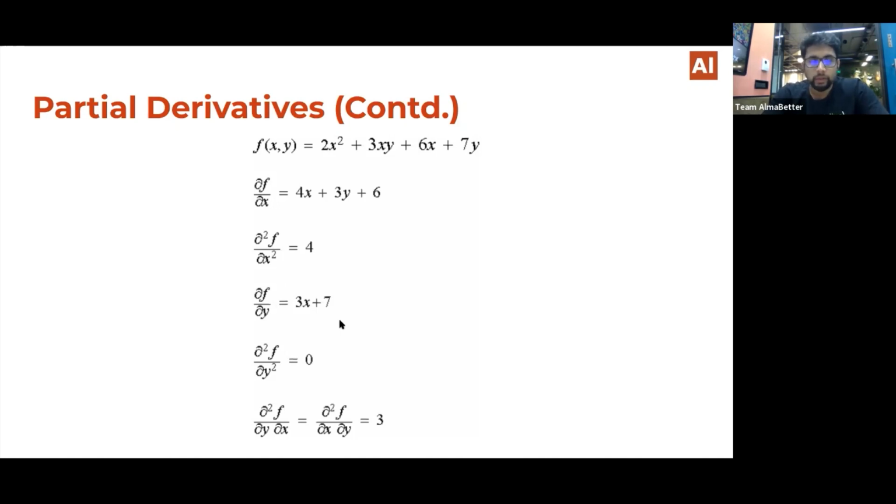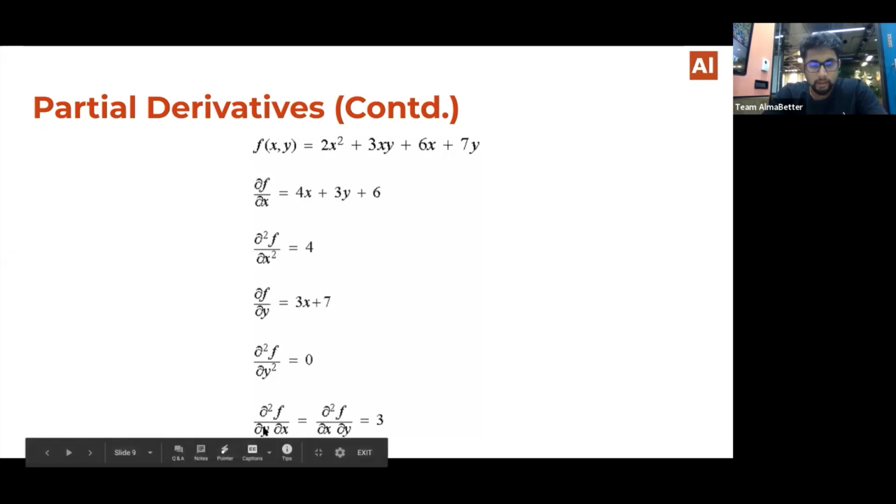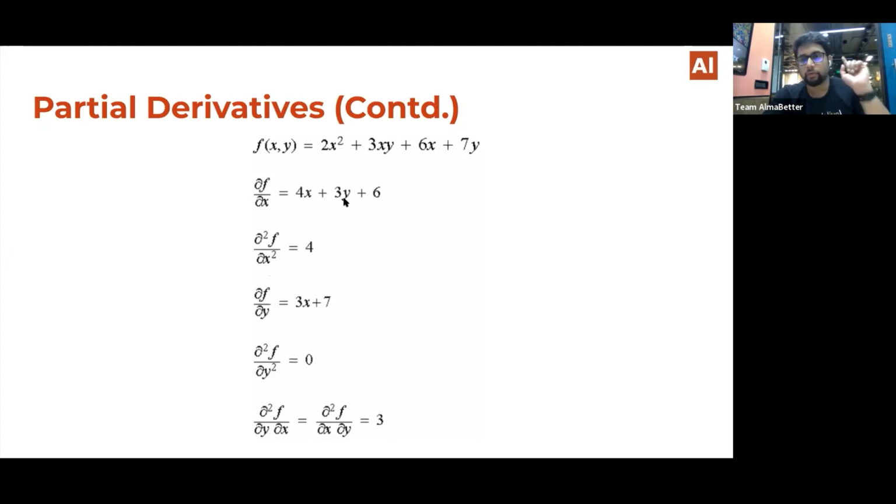Similarly, there is one more construct. Let's say you want to differentiate first with respect to x, and then with respect to y. So essentially, del f by del x, and then you take the derivative of that again with respect to y. You took the derivative once with respect to x, now you are taking the derivative of that with respect to y.